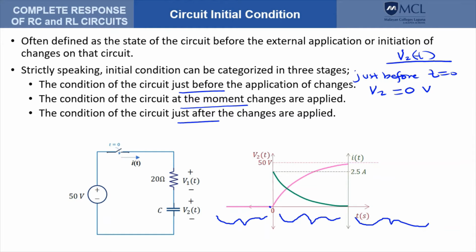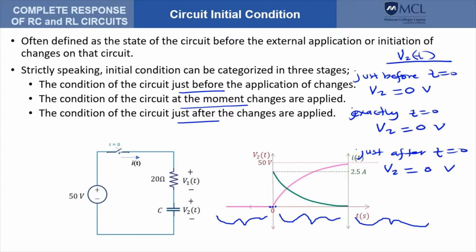Exactly at t equals 0, this is the point here, V2 is still 0. And just after t equals 0, somewhere here, we still get V2 equals 0, right?